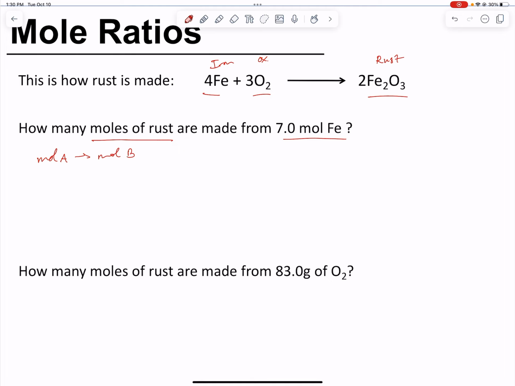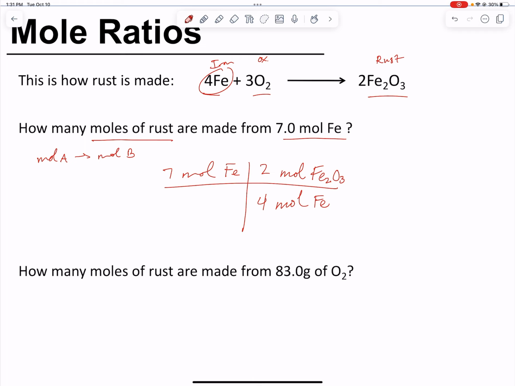So we just need a mole ratio. So we're going to start with 7 moles of iron. The reaction's already balanced for us. So for every 4 moles of iron, we will get 2 moles of rust.